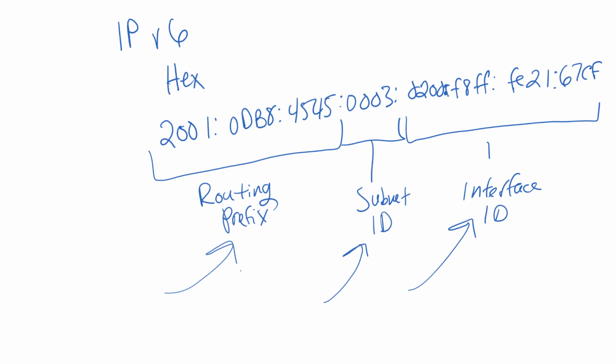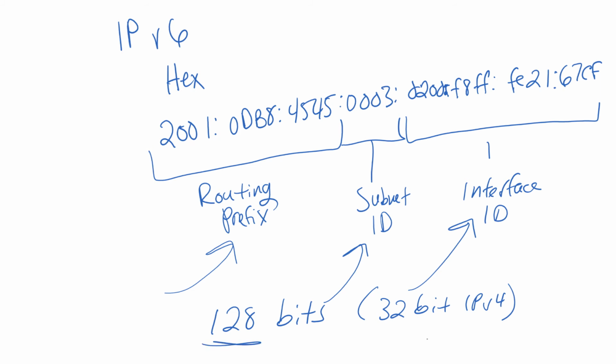But as you can see, this is a much larger value than a 32-bit IPv4 address. It is 128 bits long, as opposed to the 32-bit IPv4. Now remember, this number is exponentially larger than this number. So how many IPv6 addresses are there?